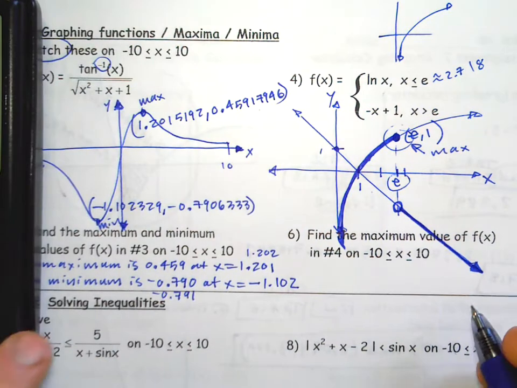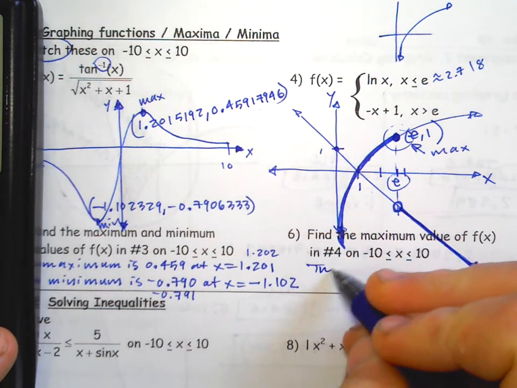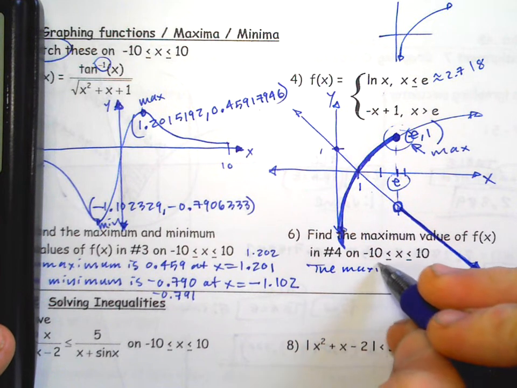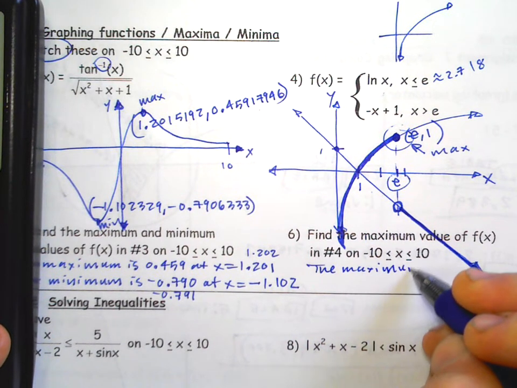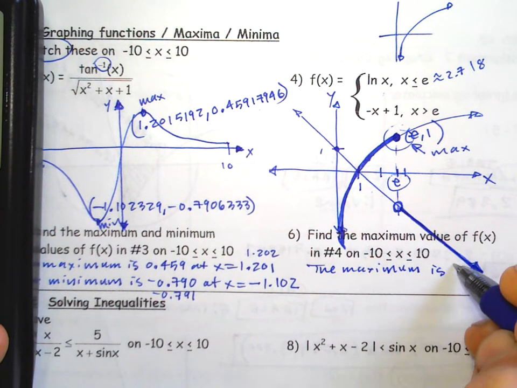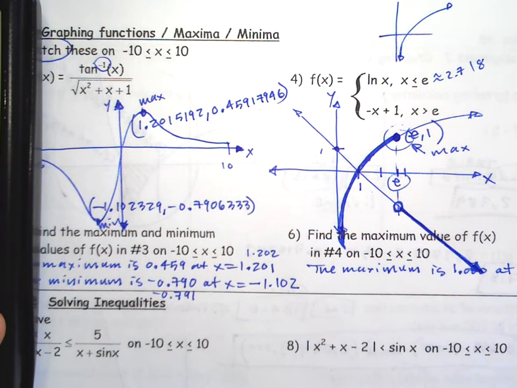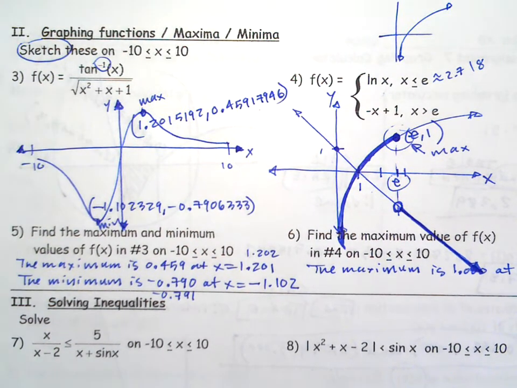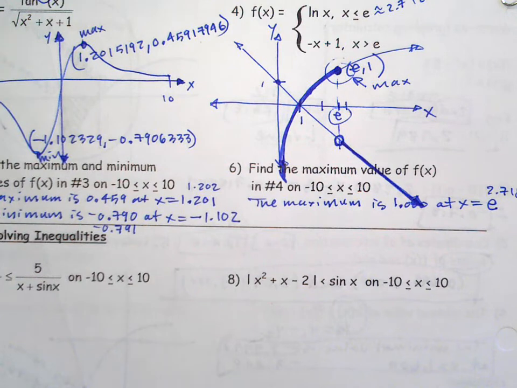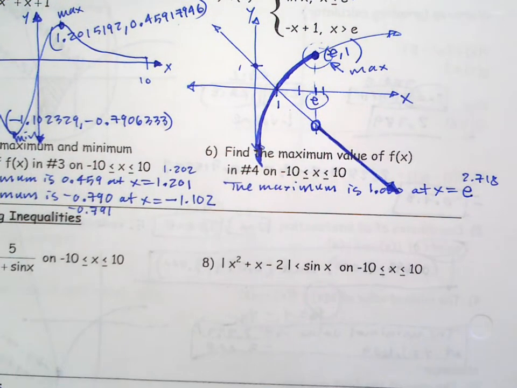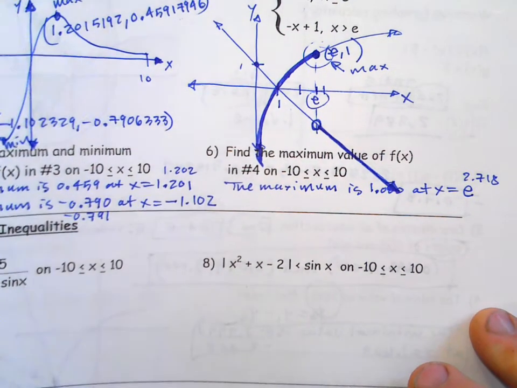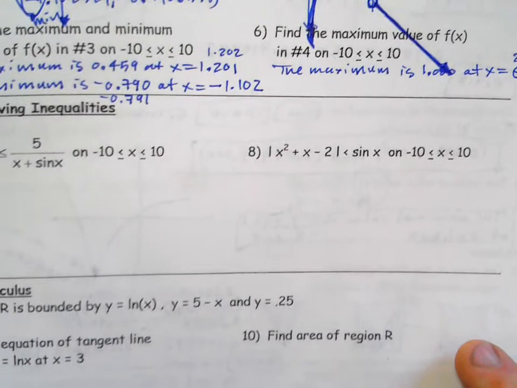And so the maximum is 1.000 at x equals e, or 2.718. So that's how I'd write that answer. So, we didn't do the traditional max thing because our calculator wouldn't have found that for us, but we still use our calculator to help us.